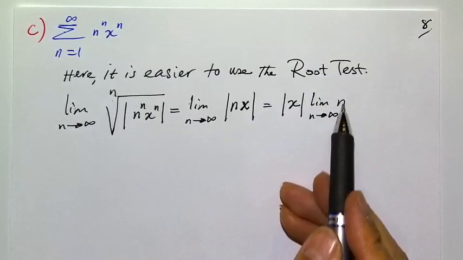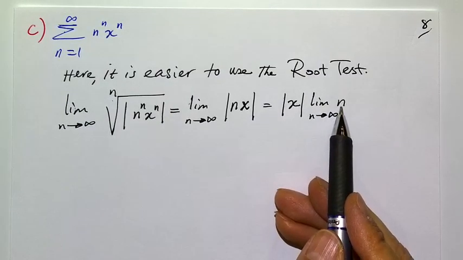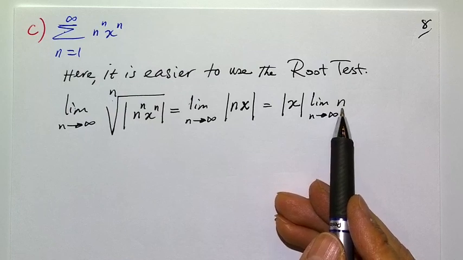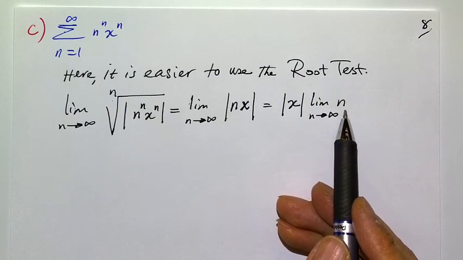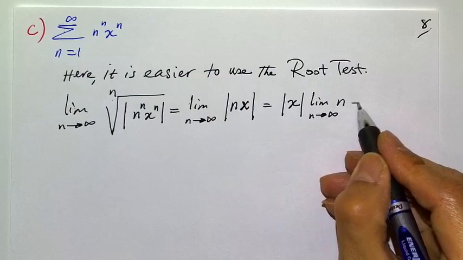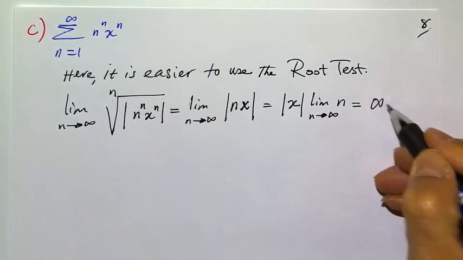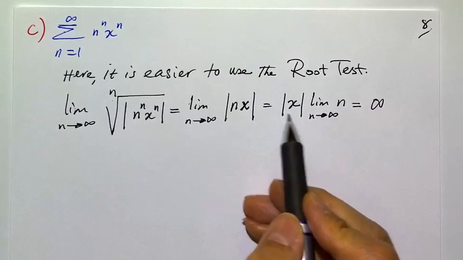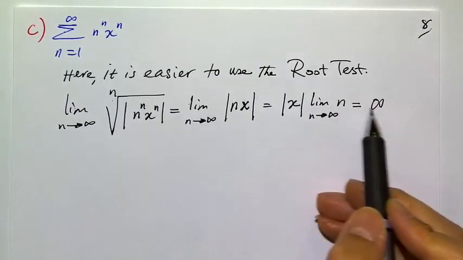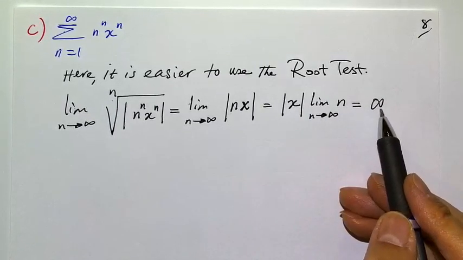Take a look at this. If you apply the infinity to this, what will happen? Will it converge or diverge? For sure, it'll diverge, right? This is equal to just infinity, because this absolute value of x, whatever that value, times infinity is just infinity.